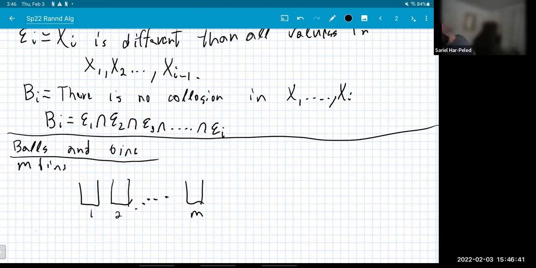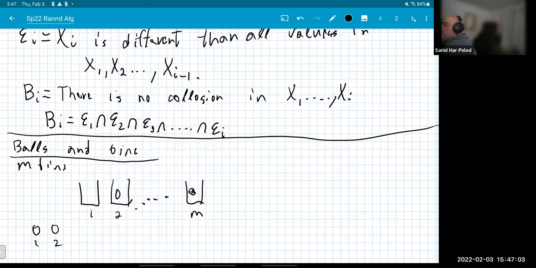And then you have the balls. You have the first ball coming in, and you throw it randomly to one of the bins. Think about this routing and queue application I described. It's exactly this. Then another ball shows up, the second ball, and you throw it somewhere, and so on.